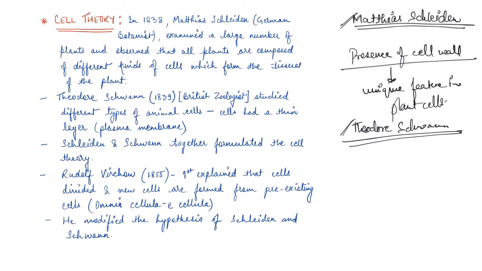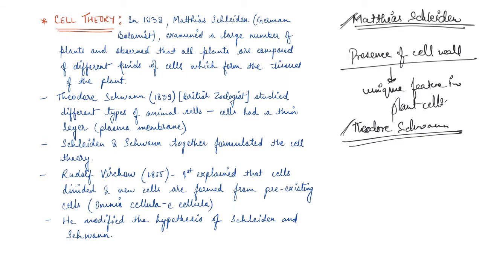Later, in 1855, Rudolf Virchow for the first time explained that cells divide and new cells are formed from pre-existing cells. Remember that. This is known as omnis cellula e cellula. Later on, he modified the hypothesis of Schleiden and Schwann to give the final cell theory.